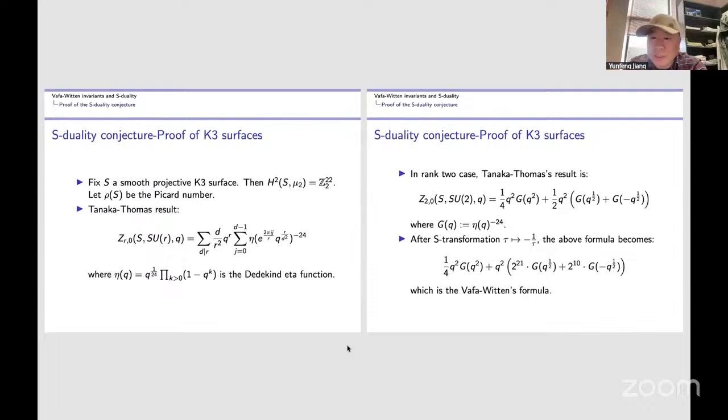So this is really the Tanaka-Thomas formula on the right side here. Now I use a new notation G(q) equal to eta(q) to the minus 24, so that I match the notation in Vafa-Witten's paper. Vafa-Witten used capital G, right? So after the S transformation, tau to minus 1 over tau, we can check this formula becomes the following.